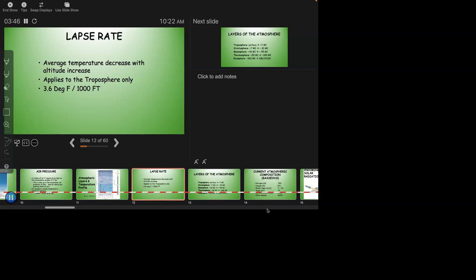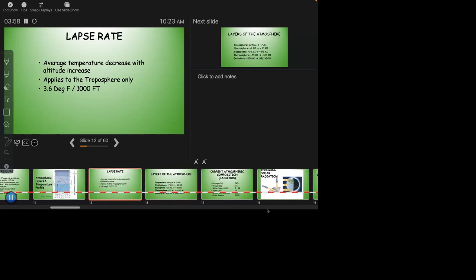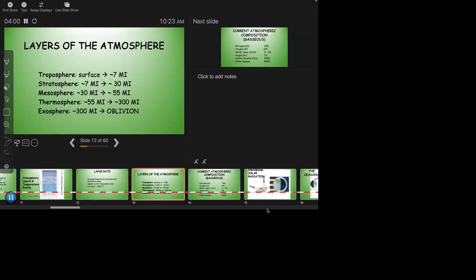But we're not worried about that. So the lapse rate: decrease in temperature with elevation within the troposphere. All right. Again, not really worried about numbers, except one or two I'm going to dwell on.